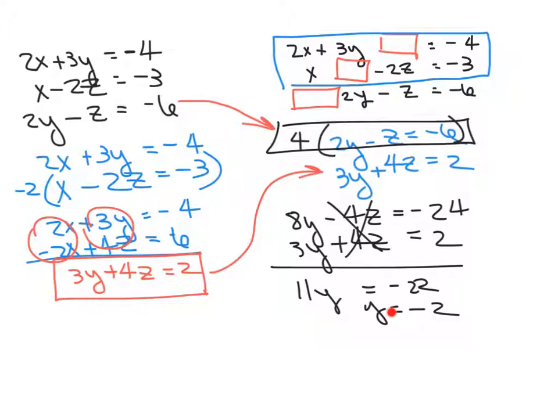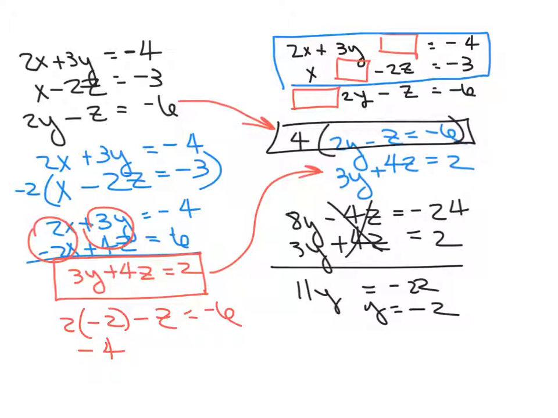Once I find my y, then it's a simple process to find the one with only a y. It doesn't matter which one of these I pick, but I'm going to pick this one, and I put my -2 in for my y, minus z equals -6.